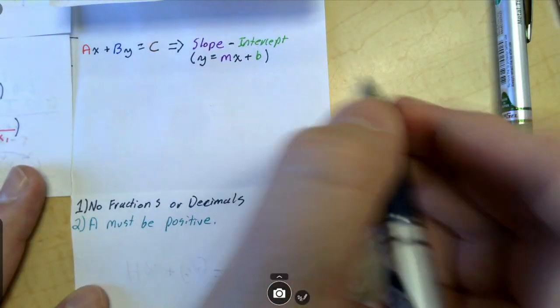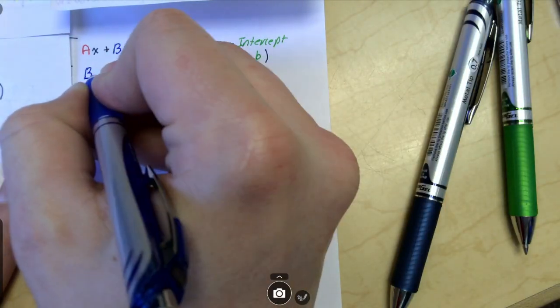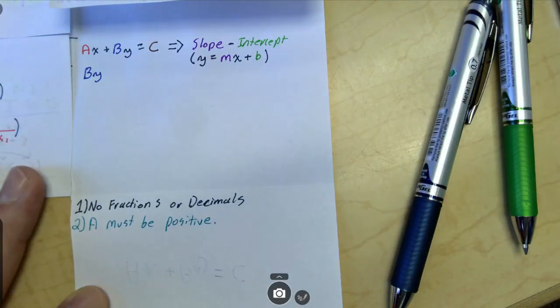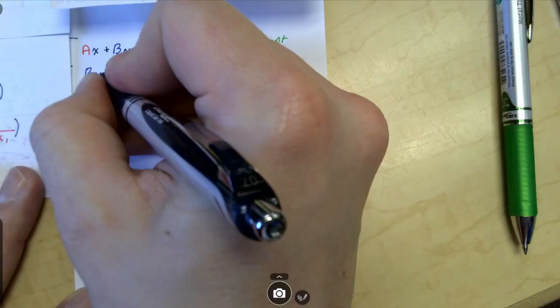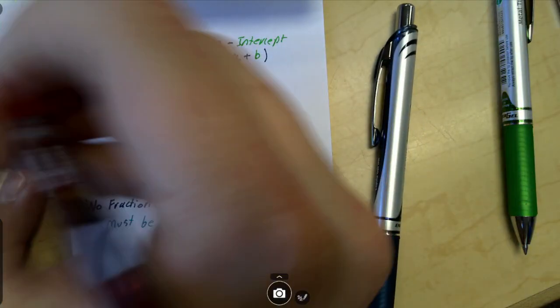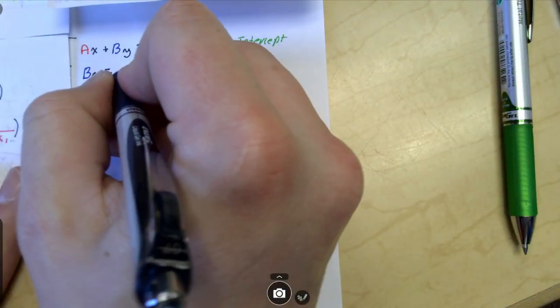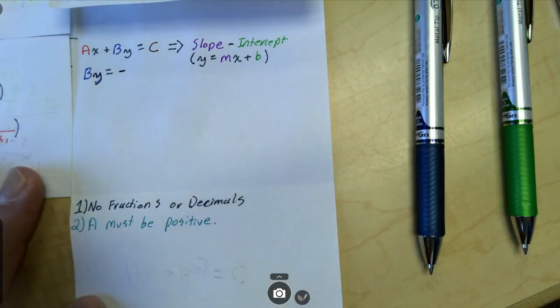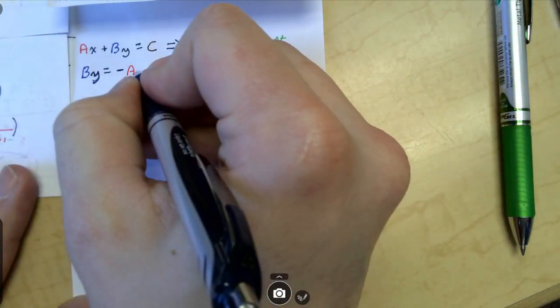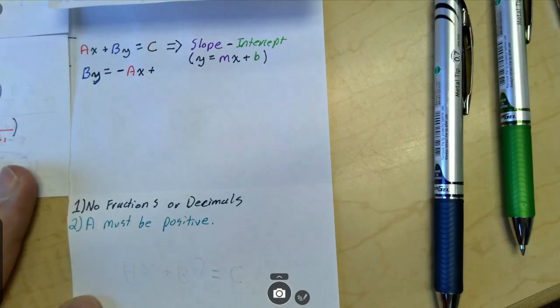After we subtract, we are left with BY equals negative AX plus C.